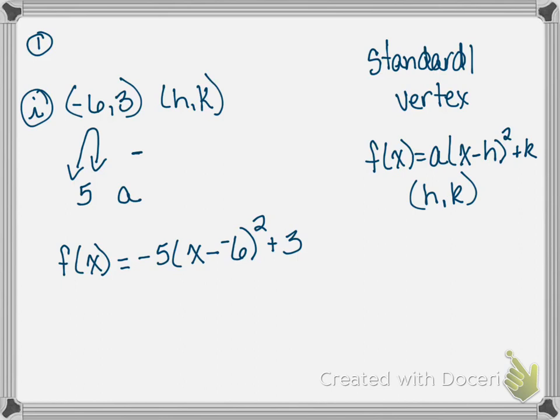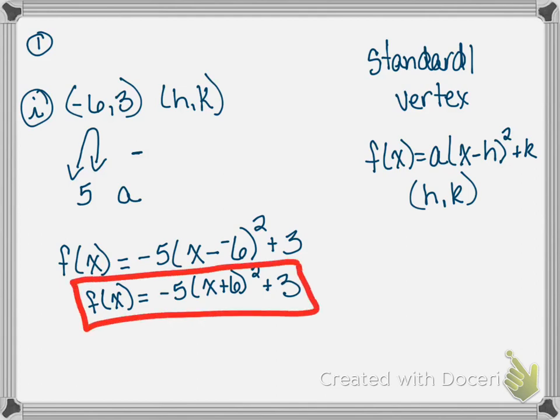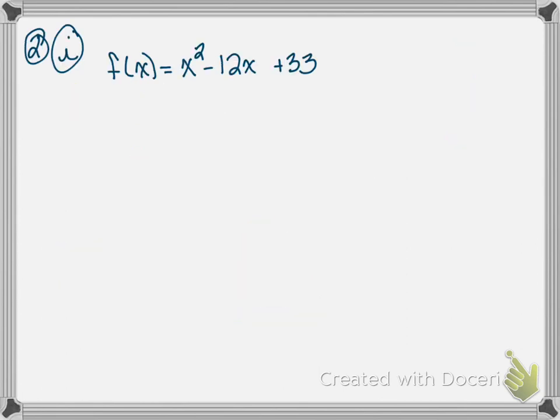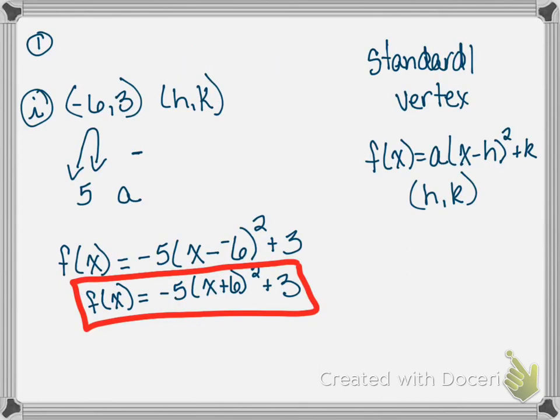So I'm going to rewrite this as f of x equals -5, x plus 6 squared plus 3. And that is our final answer for number 1, part 1.